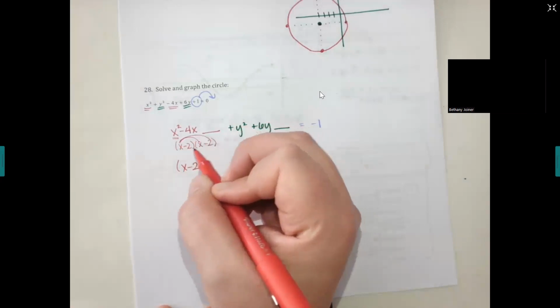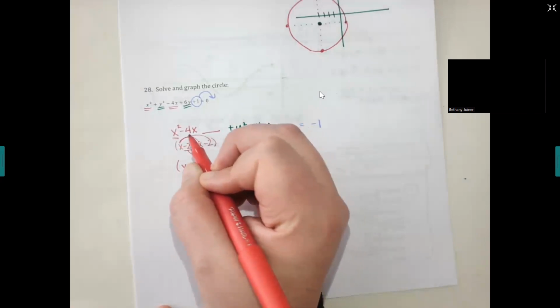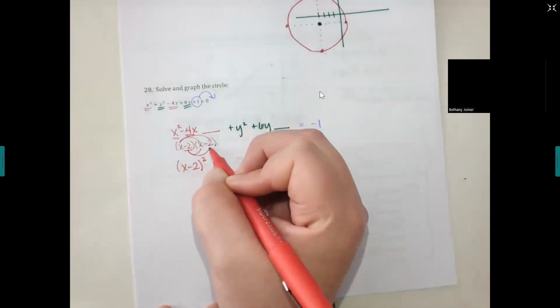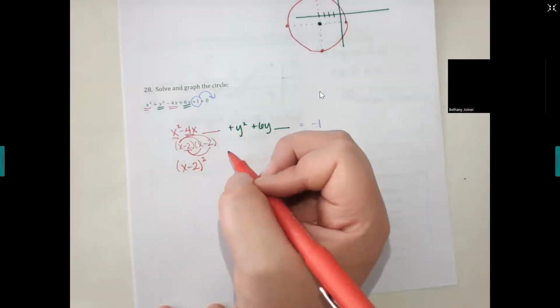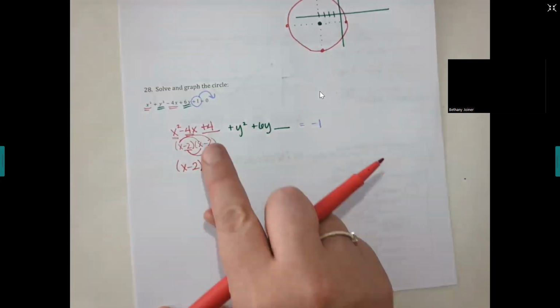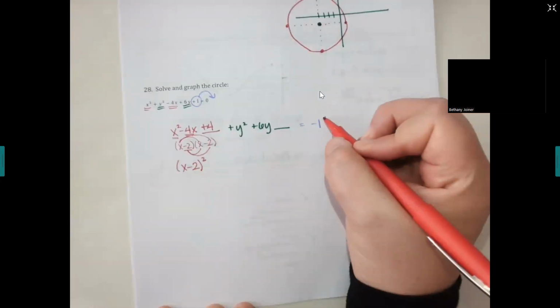That'd be a -2x and a -2x, which gives me my -4. But -2 times -2 is a +4, and I don't have that, so I fill it in the blank. And if I add 4 on the left, I have to add 4 on the right. Okay, that process is called complete the square.